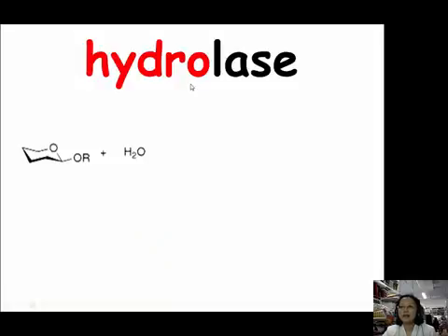Hydrolase, in biochemistry, means an enzyme that catalyzes the hydrolysis of a substrate. Like in this picture, a hydrolase hydrolyzes this compound and generates 2 compounds. And this enzyme is a hydrolase. Now the suffix ase, remember we learned that before, means an enzyme.